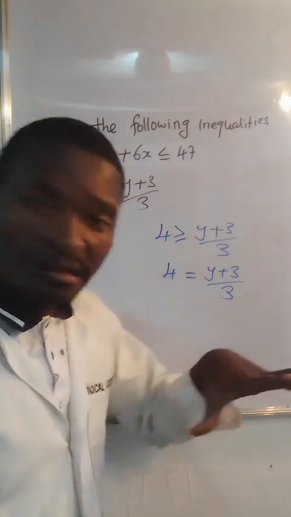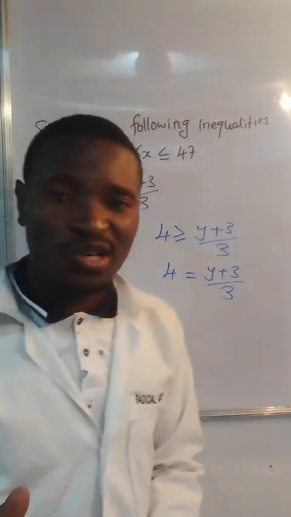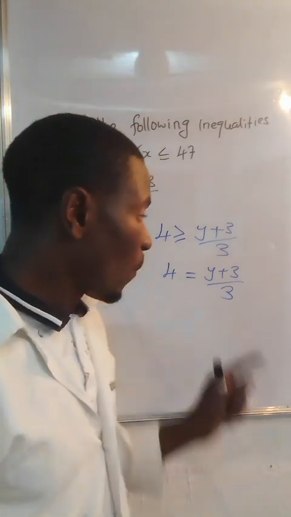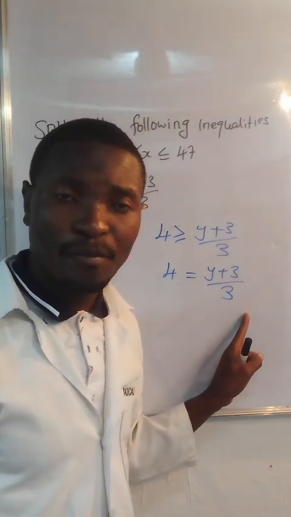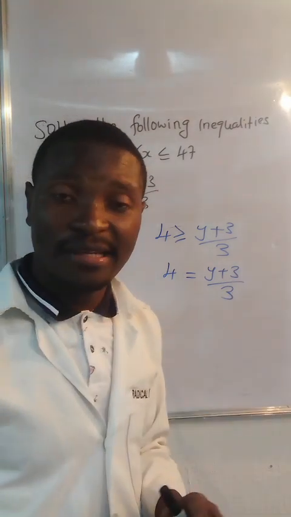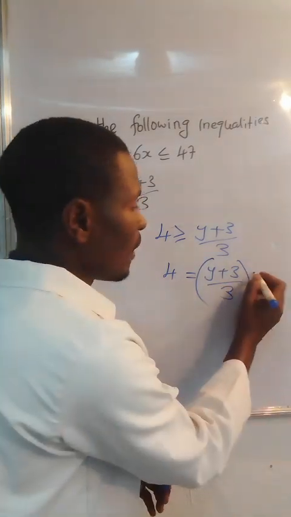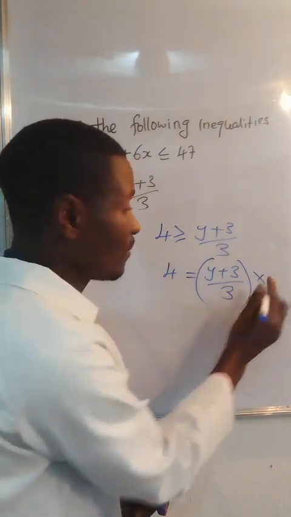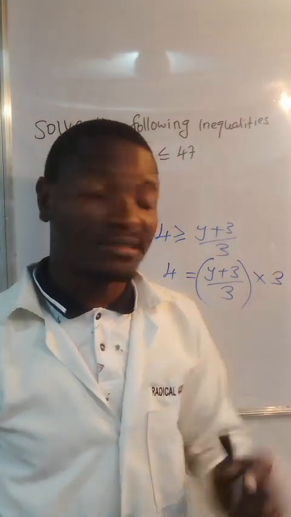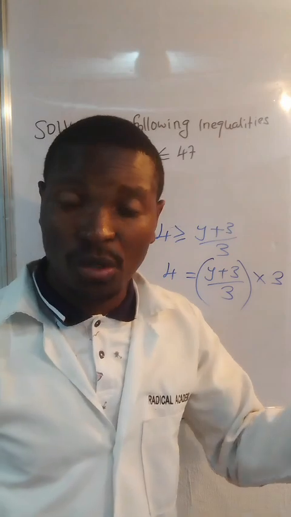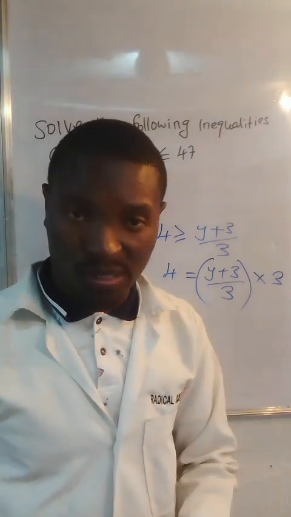What is making it fractional is the 3, so we put everything in the bracket and multiply by this 3, so that the whole thing becomes a linear equation rather than a fractional one.